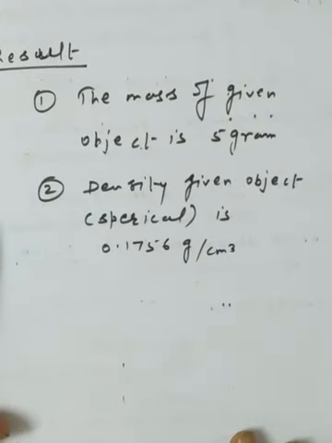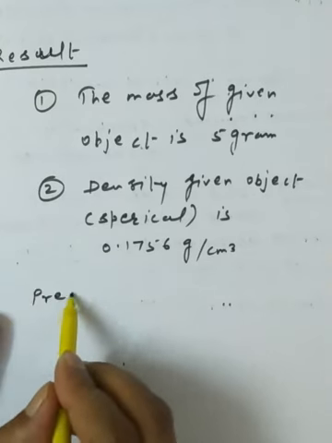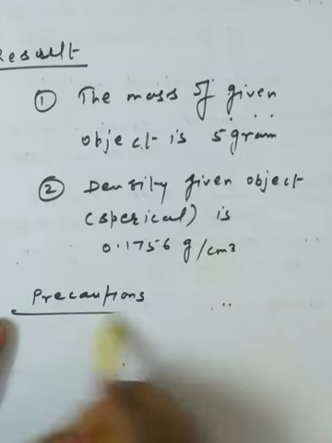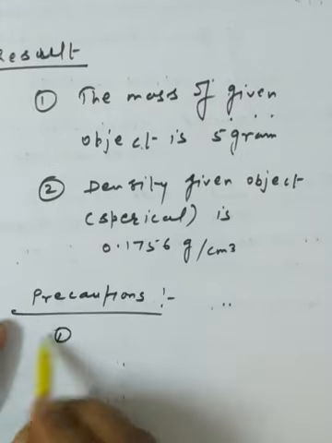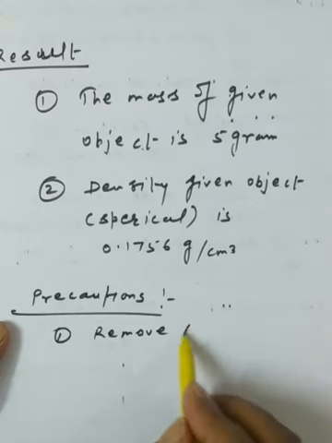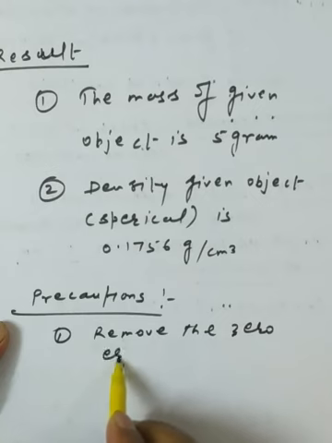Okay, now what are the basic precautions we have? We have to discuss the basic precautions. First, remove the zero error.